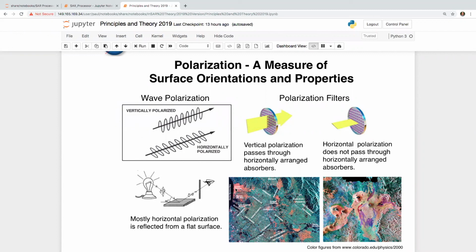The streets are arranged parallel to the coast, and the radar is flying this way, looking off to the side like that. So we're looking at a geometric scattering phenomenon from the ground to the building and back to the radar again, which is quite bright, quite strong. Elsewhere in the city, you can see the streets are oriented more at a 45-degree angle relative to that. So the scattering mechanism is different.